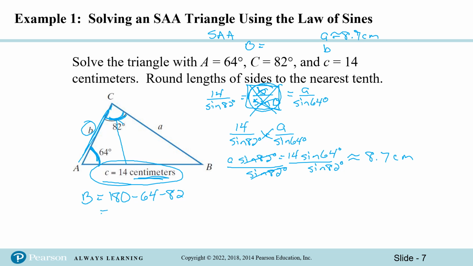So angle B is going to be 34 degrees. Okay, so the only thing that's left is side B. So 14 over sine 82 degrees is equal to B over the sine.